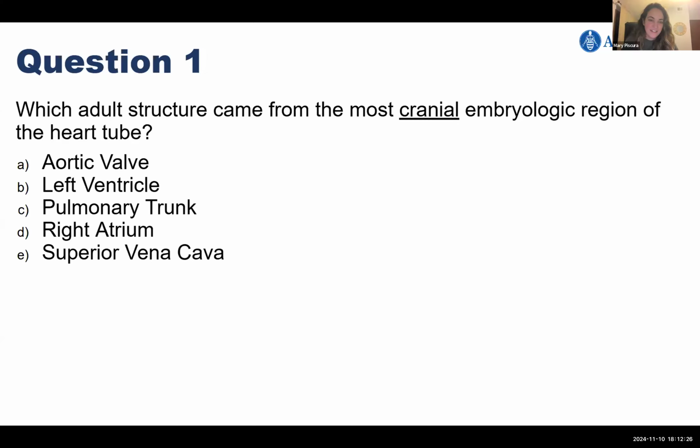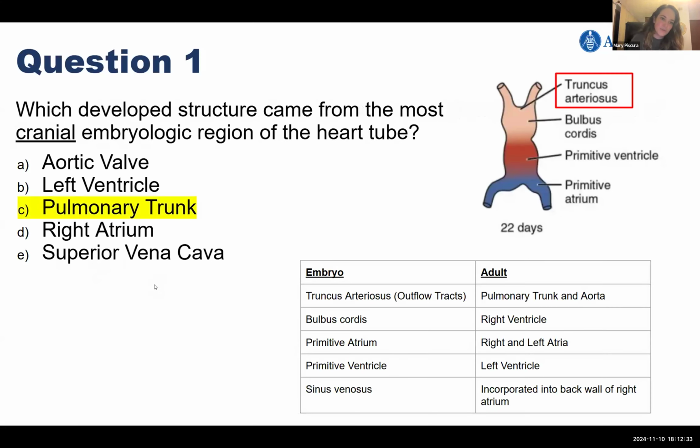All right, and get your final answers in because the poll will close in 5, 4, 3, 2, 1.